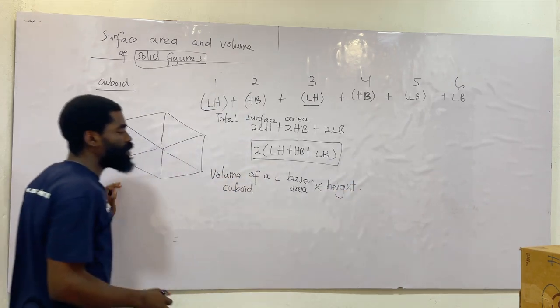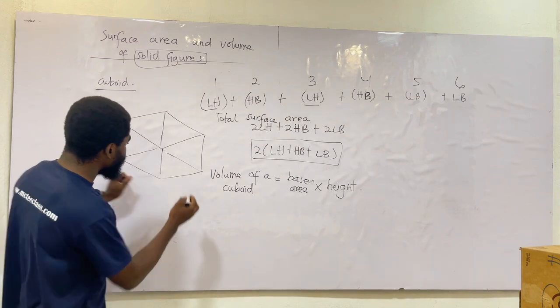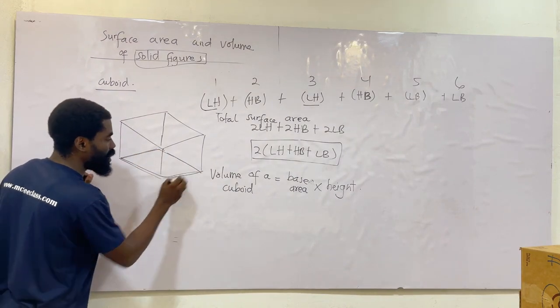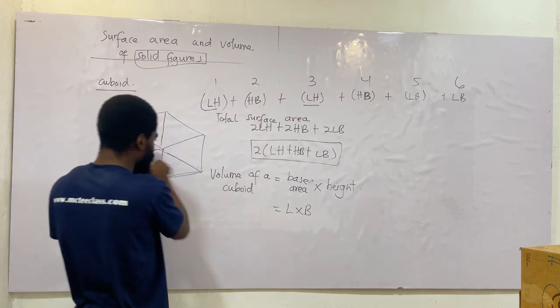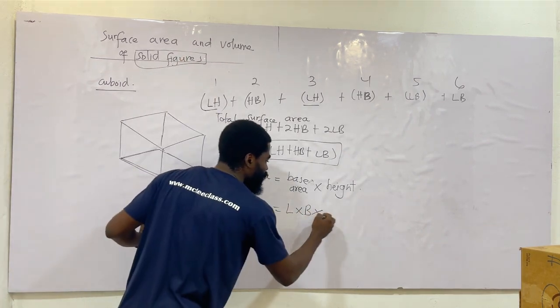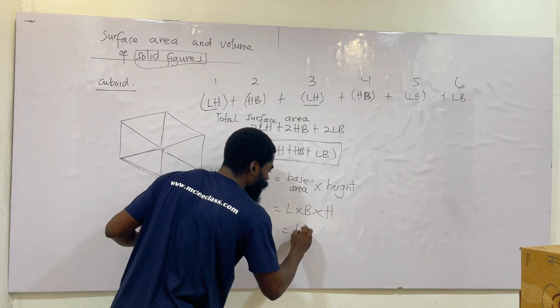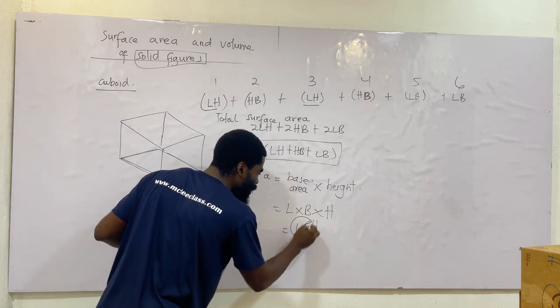Now the question is, what's the base area? The base area is a rectangle. So that'll be length times breadth, then times the height. And that gives me LBH. So this here is the base area.